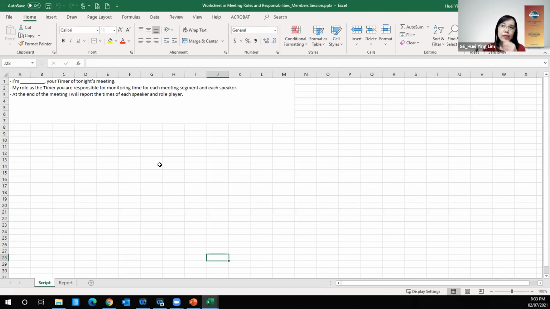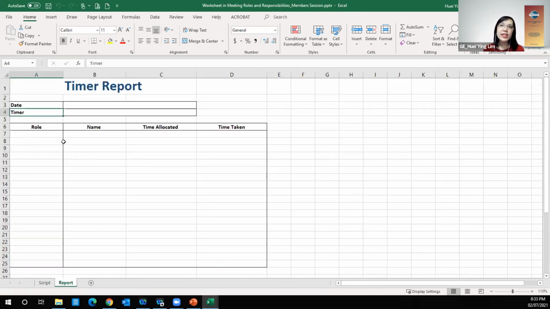At the end of the meeting, you will report the time taken for each of the speakers and role players. So this is essentially the timing report. You will put up the role, the name, the time allocated, and the time taken. So this is the role of the timer.